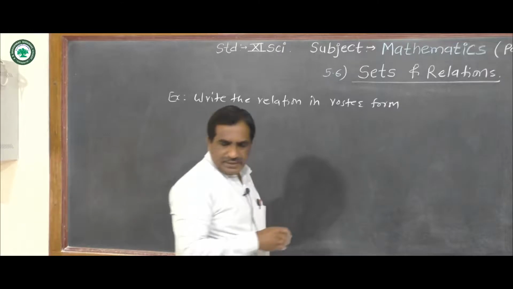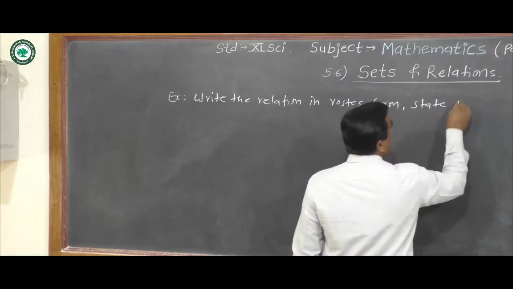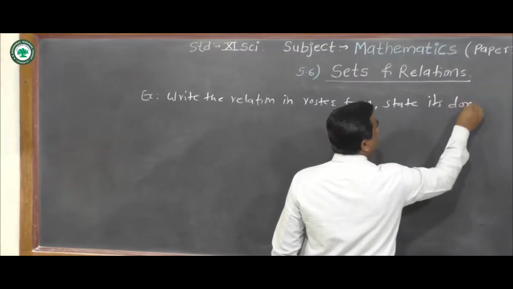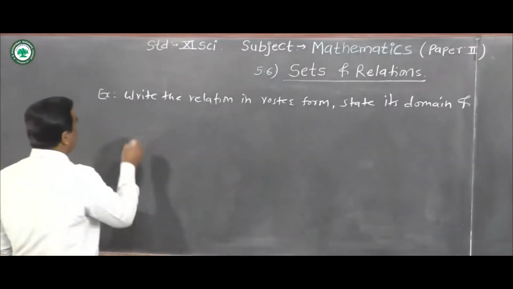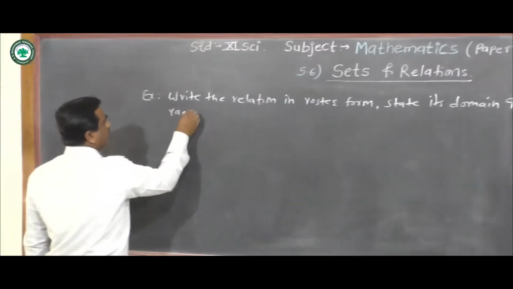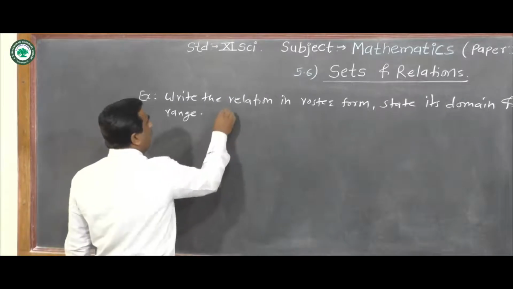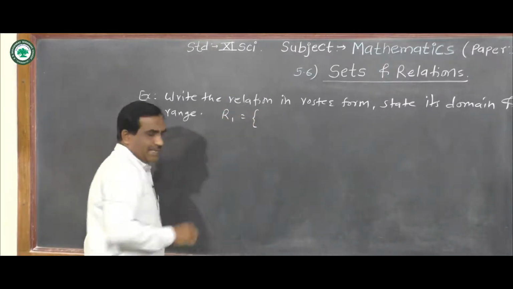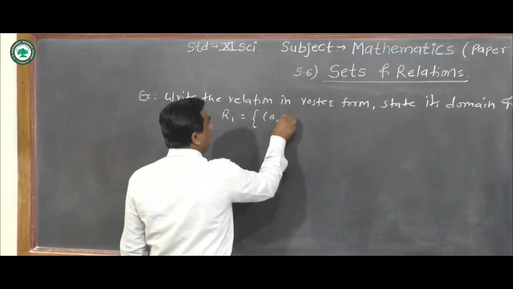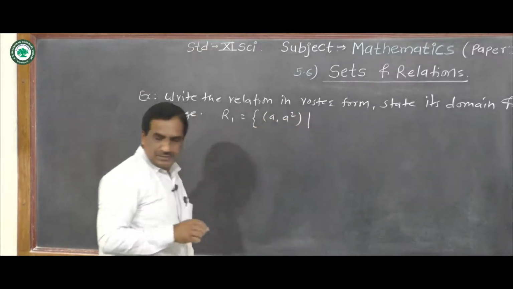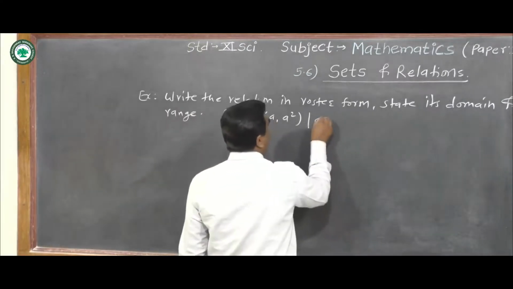State its domain and range. The relation is given: R1 is equal to, in curly brackets, the ordered pair A, A square, such that A is a prime number less than 15.